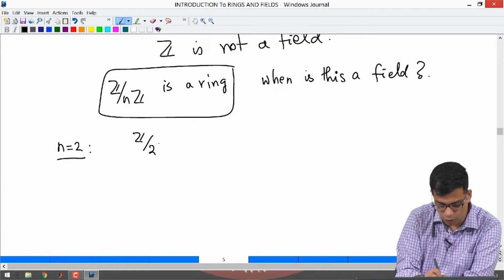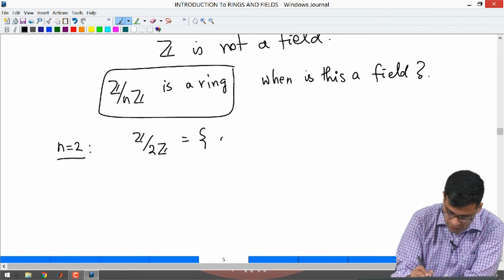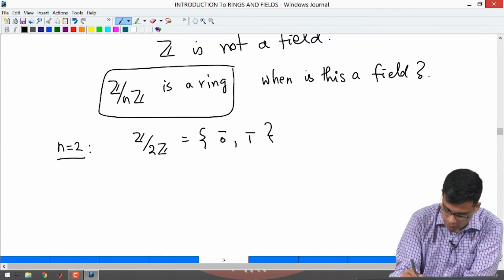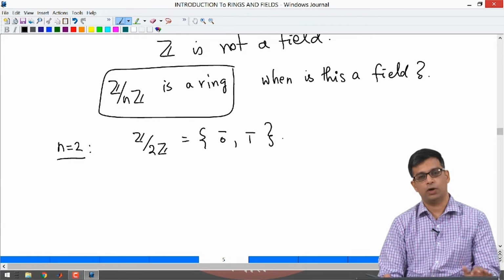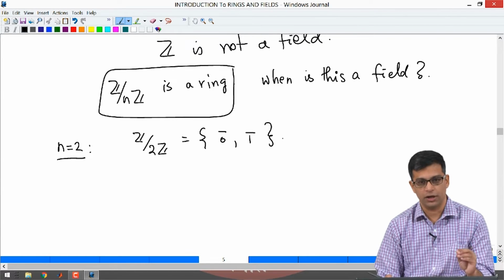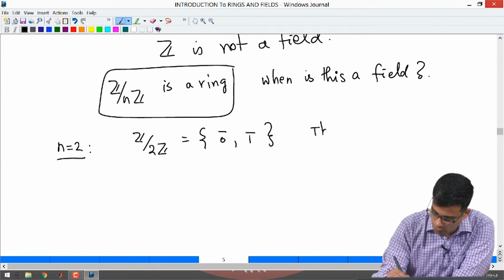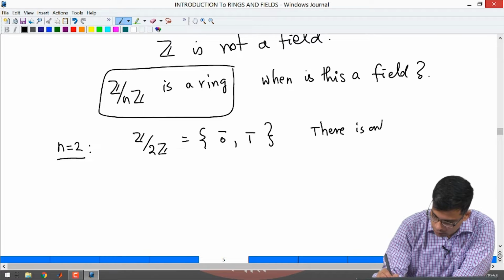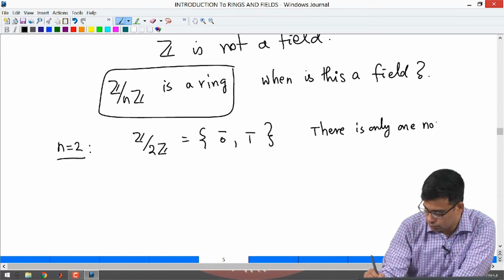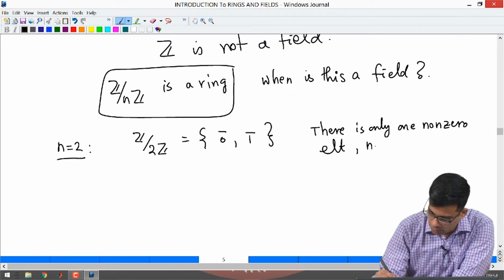So, what is Z mod 2Z? You have two elements, 0 bar and 1 bar, and in order to be a field, non-zero elements must be units. There is only one non-zero element, namely 1 bar.